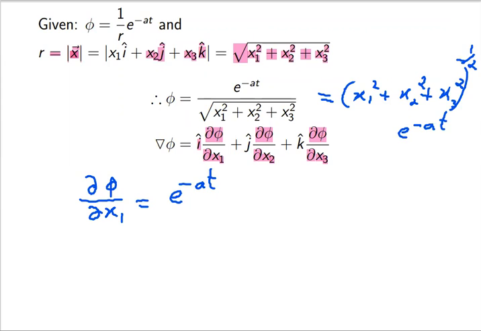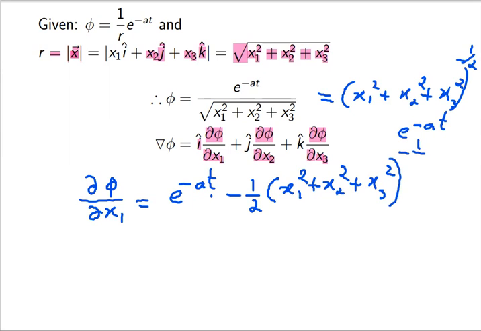We have the power minus half, so x1 square plus x2 square plus x3 square whole to the power minus half, minus 1, into the differentiation with respect to x1. Differentiation of x1 square is 2x1, and x2 and x3 are constants. So the 2 will get cancelled.